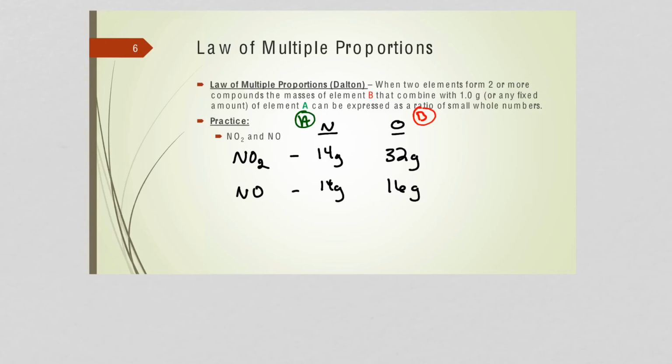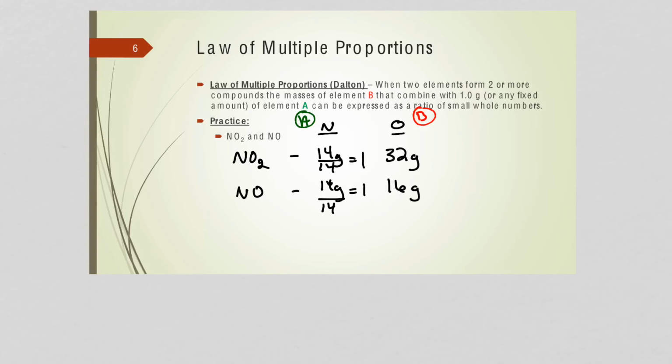The way we show this is we take whatever our fixed amount is and divide everything by that fixed amount. In other words, we're going to divide everything by 14. If I divide both of these by 14, and of course they are the same, I get 1 here and 1 here. As expected, since it's the fixed amount, there's a 1-to-1 ratio.